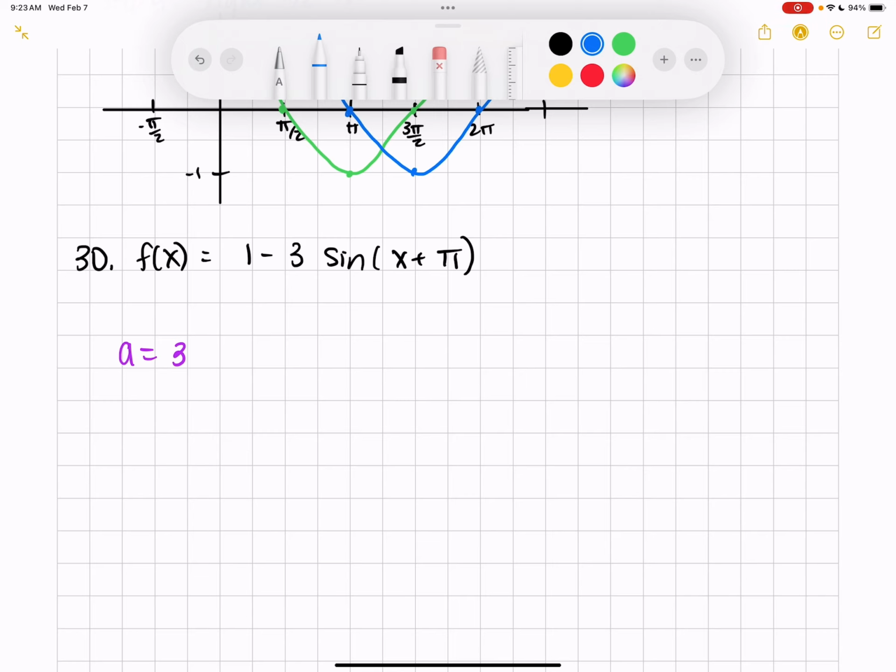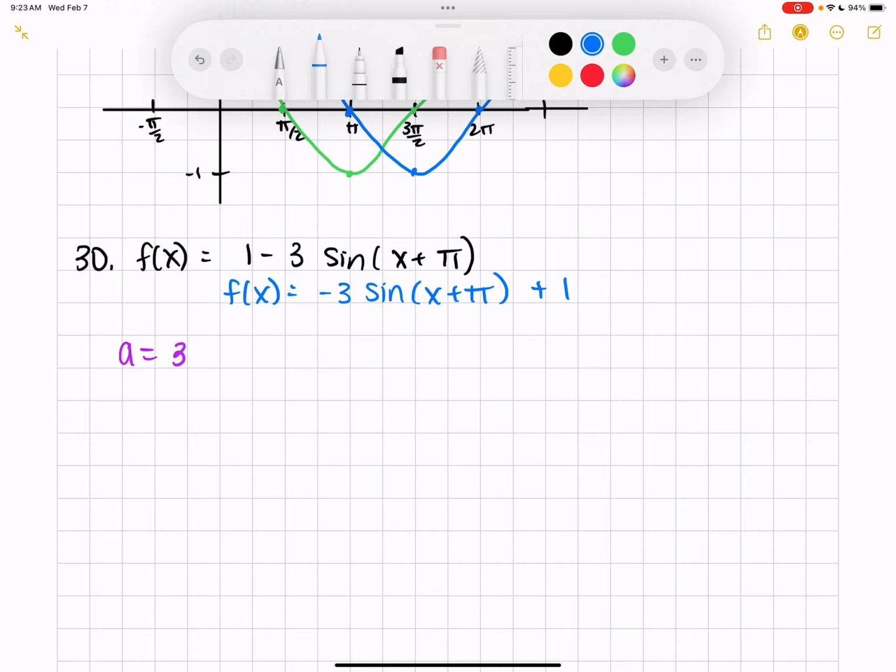I would recommend, if you have one like this, that you rewrite this as negative 3 sine of x plus pi plus 1, so that way you pay attention to the fact that it's going up and don't think that that's the amplitude. But the amplitude value is always the number directly in front of your sine or cosine function.